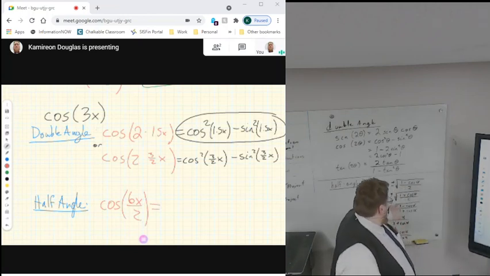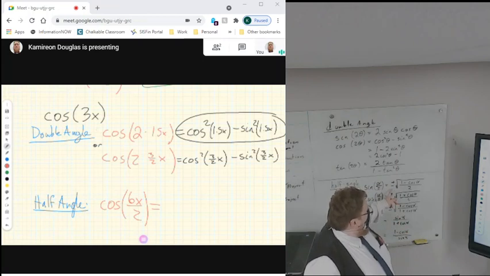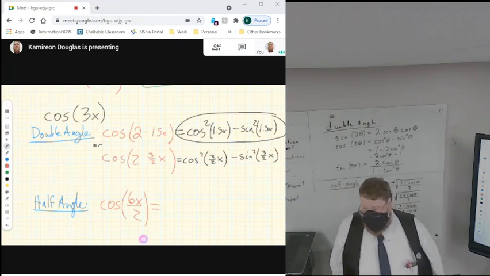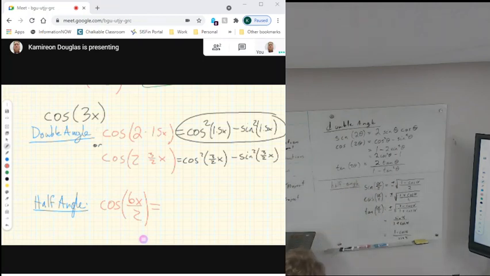Notice that the nice thing with the half angle formulas is they're very, very similar to each other, but that means I have to have them well remembered when I use them. Cosine of 6x over 2 equals plus or minus the square root of 1 plus cosine of 6x, all over 2.